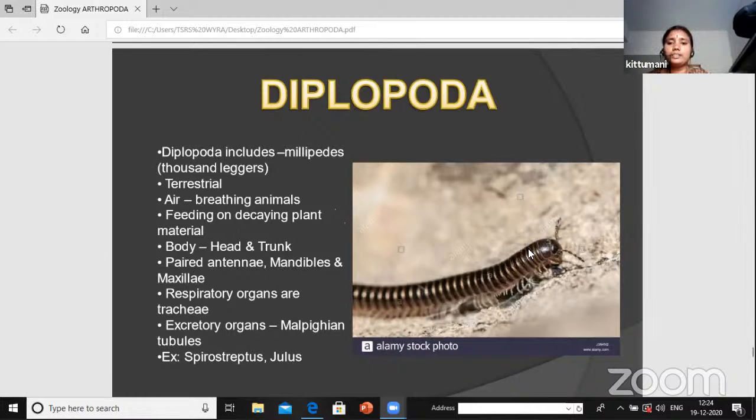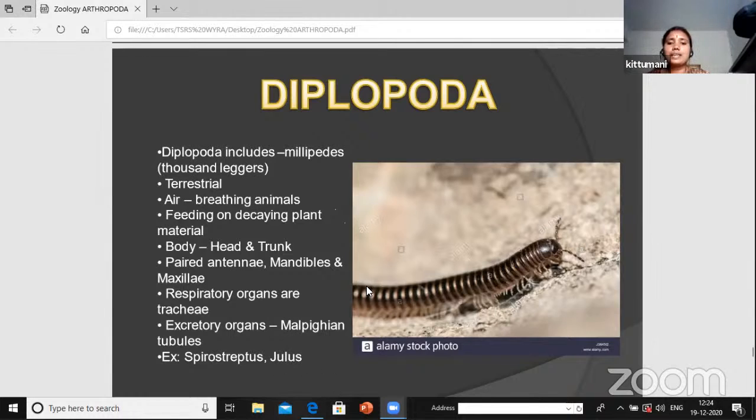Here also head and trunk, and paired antennae, mandibles and maxillae are present. Respiratory organs are trachea because they are terrestrial organisms. Excretory organs are like the Chilopoda, Malpighian tubules.